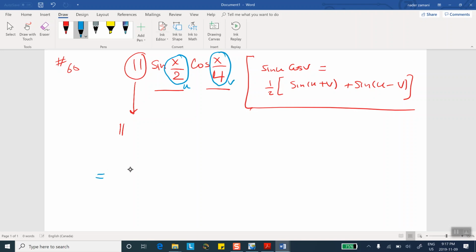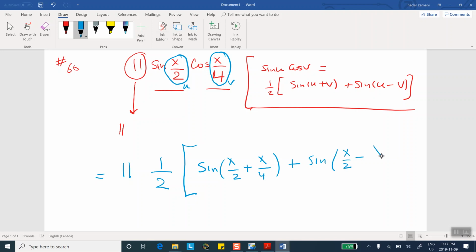So this is equal to 11 times 1/2 of sine of x over 2 plus x over 4 plus sine of x over 2 minus x over 4.